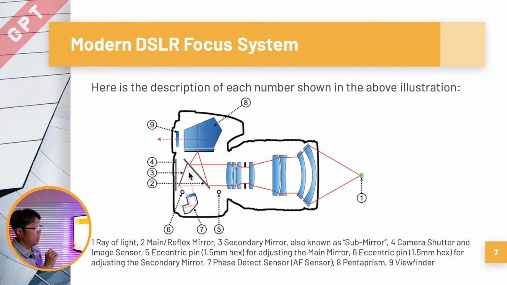Also with this mirror here to this sensor, although they have the calculation to focus, sometimes you might need to do a little bit of micro adjustment for this problem.